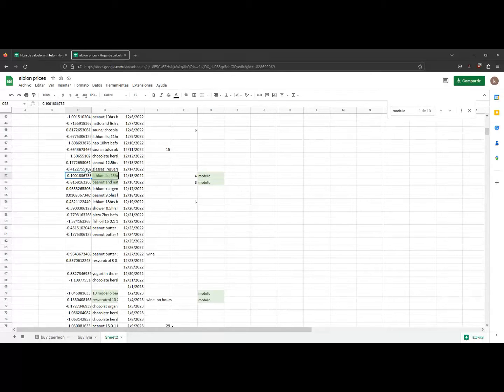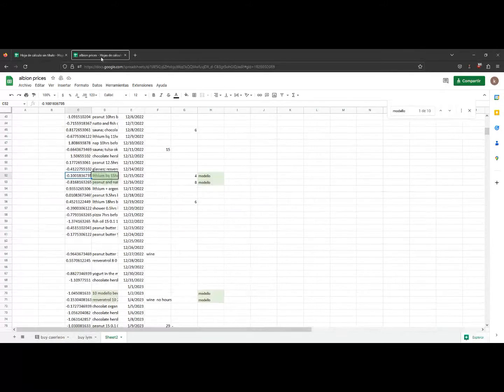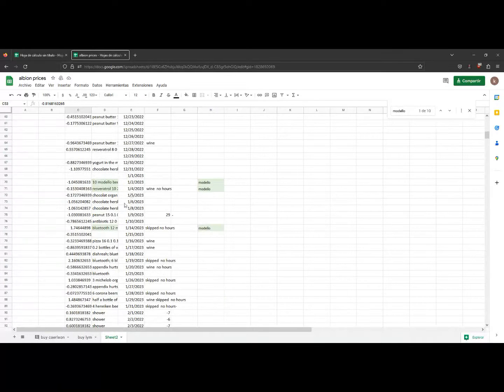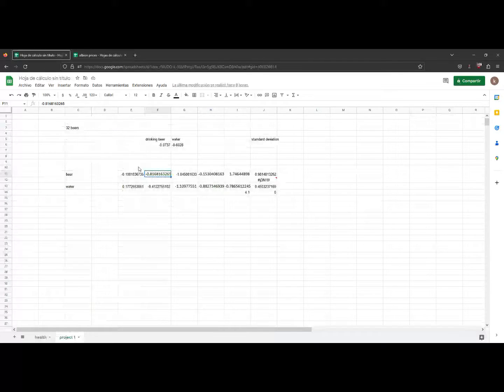Then I did the same with this one, which you drank Modelo. I pasted it here, and with the other three ones. It's 5 days that you drank Modelo, and I put them here.